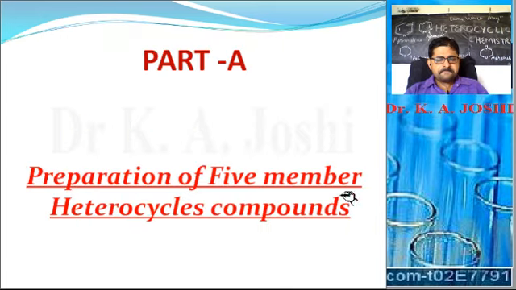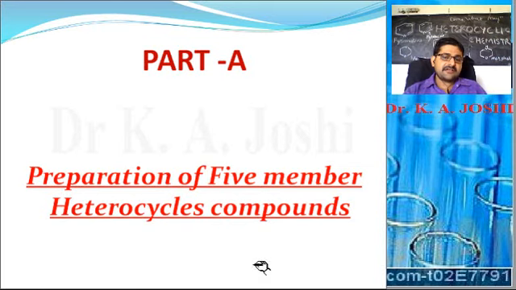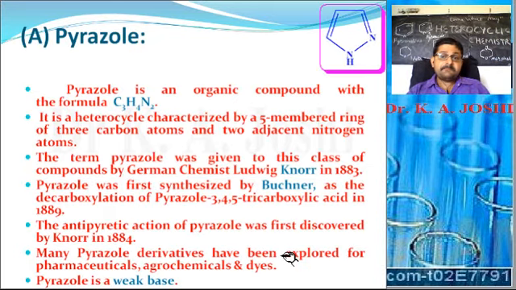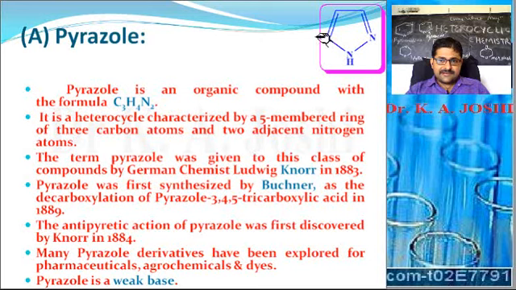Now part A, preparation of 5-member heterocyclic compounds. First one, pyrazole. You know the structure of pyrazole very well. Pyrazole is an organic compound with the molecular formula C3H4N2. You can calculate the molecular formula: 3 carbons, 4 hydrogens, and 2 nitrogens.